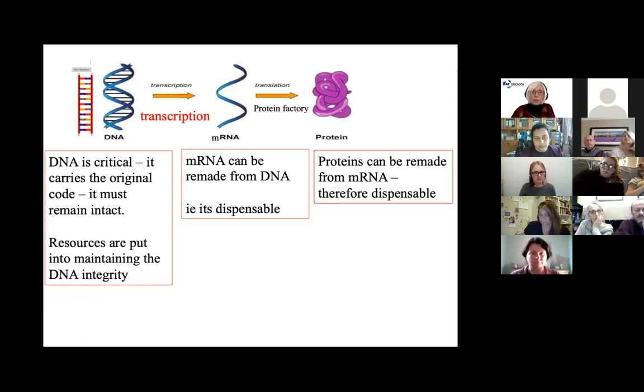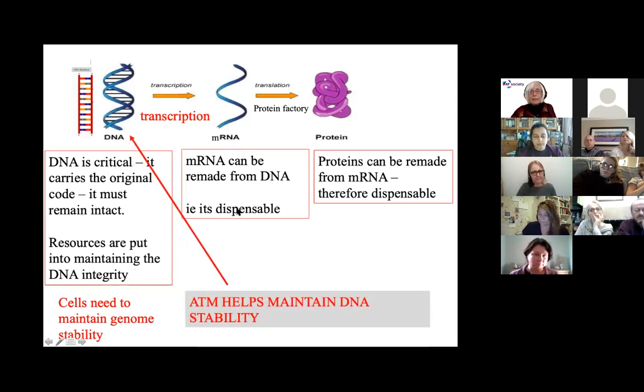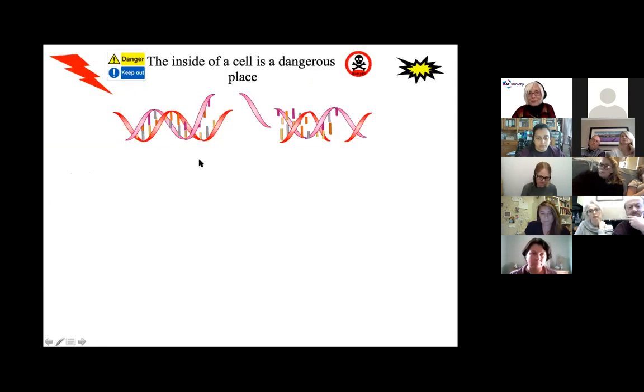And a lot of resources are put in to maintaining the integrity of the DNA. And we call that maintaining genomic stability. And that is the role that ATM does. So ATM has a task in helping to maintain this DNA, the stability of your DNA. Okay, so that's the summary of where we were last week.